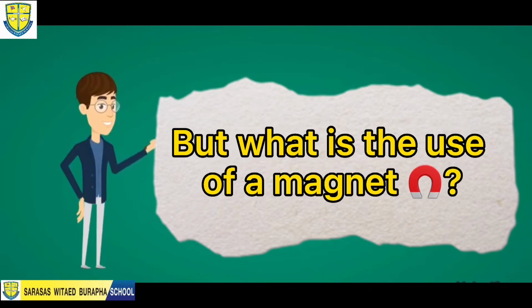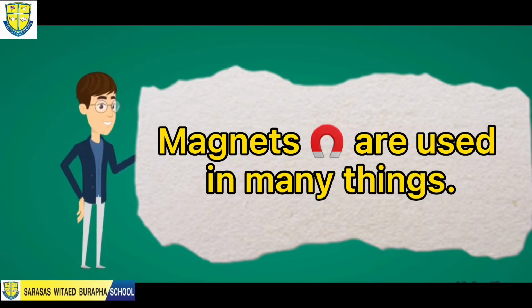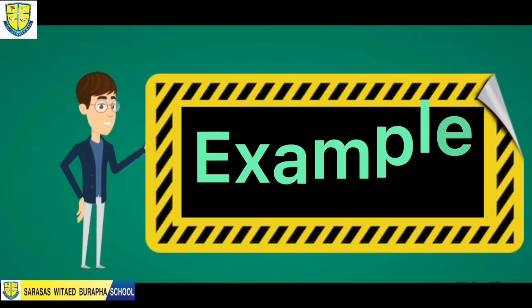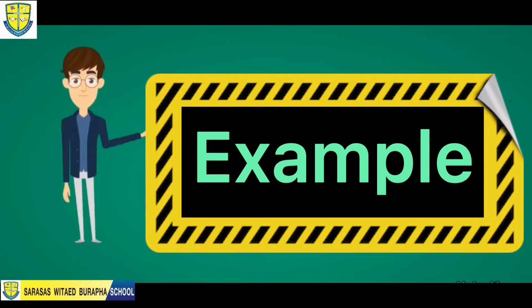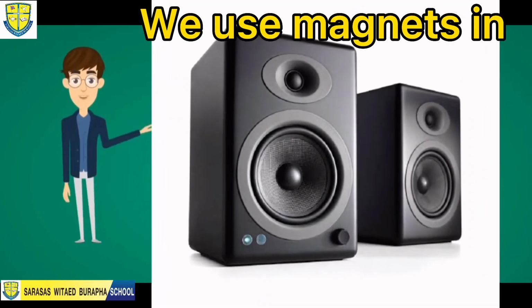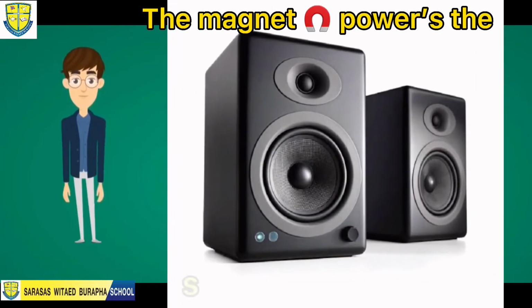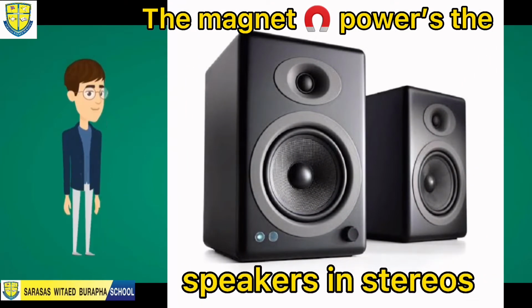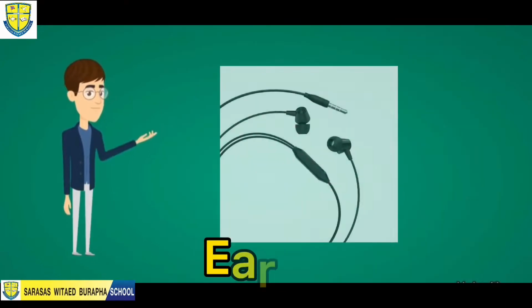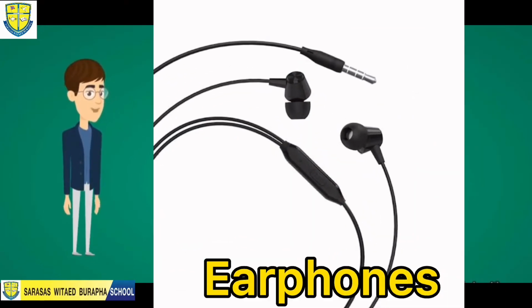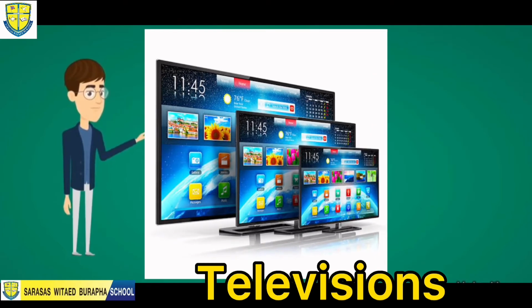But do you know what is the use of a magnet? Magnets are used in many things. For example, we use magnets in speakers. The magnet powers the speakers in stereos, earphones, and televisions.